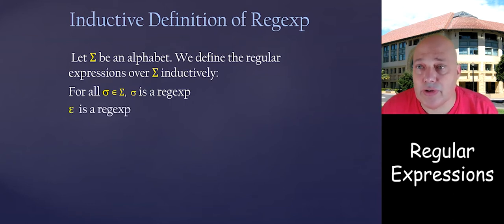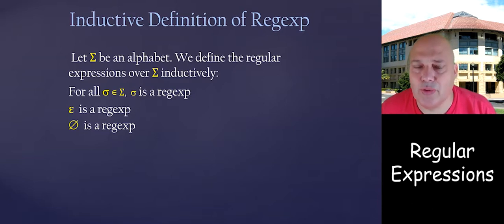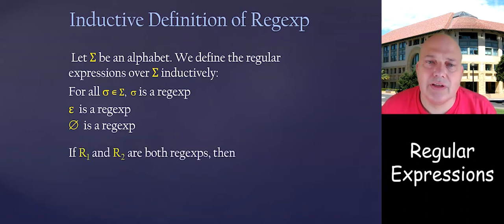Epsilon is also a regular expression. The empty set is also a regular expression. We'll talk about what each one corresponds to. And so these are the basis of the induction. So the basic regular expressions are going to be any sigma, epsilon, and the empty set.